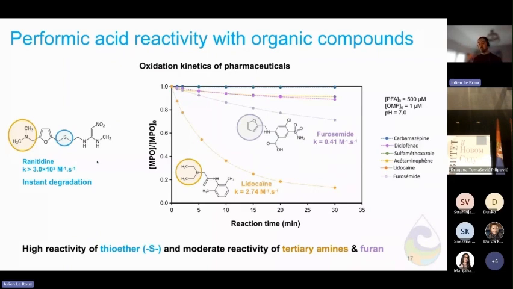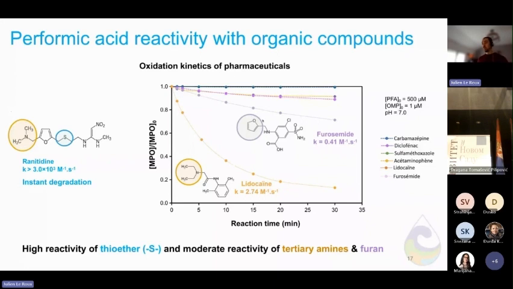So we've done a lot more studies on this reactivity of molecules, and we found out that these specific groups of molecules were well removed: the thioether, the sulfur atom here, is attacked by performic acid, and tertiary amines in yellow here are also attacked by performic acid.